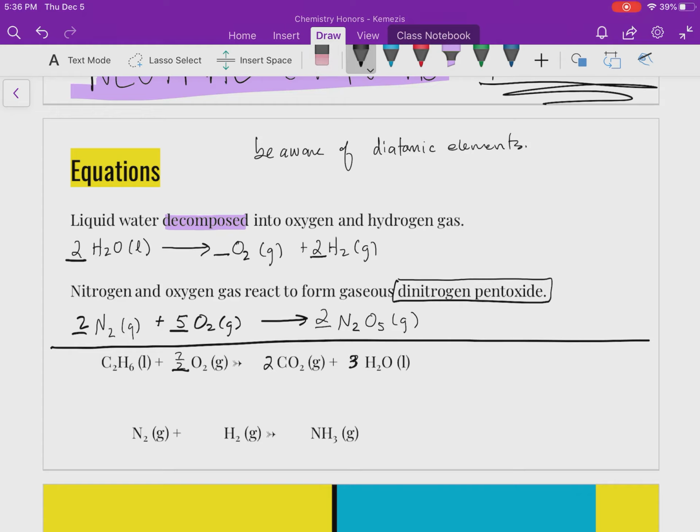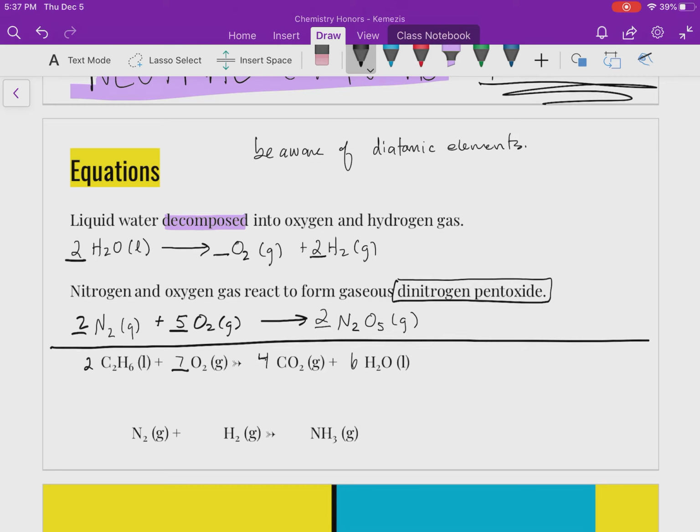So the trick is to put the fraction in order to get 7 oxygens, but then I want to get rid of the fraction, so I'd have to multiply everything by 2. So instead of leaving that as 7/2, I'm going to say 2, 7, 4, and I'm going to multiply everything by 2, and 6.